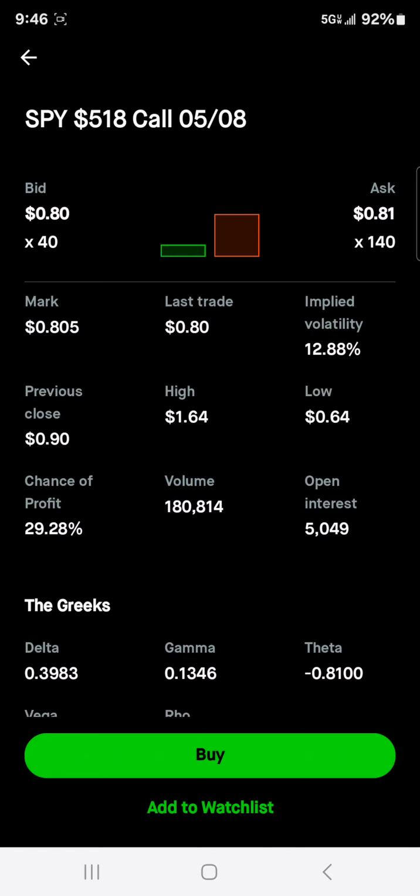Your volume had 180,000 transactions for this particular strike price. The 518 call is a strike price. 518, 519, 520, they call those strike prices for where you're anticipating the market to move to. Open interest is just saying how many people are currently interested in this option.